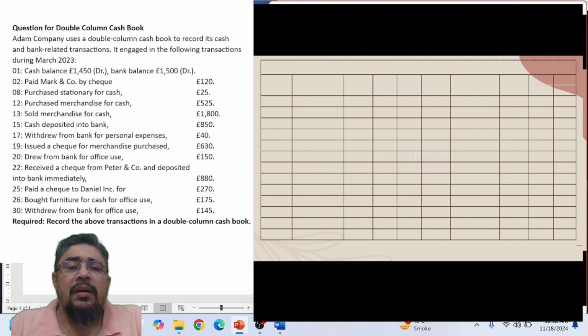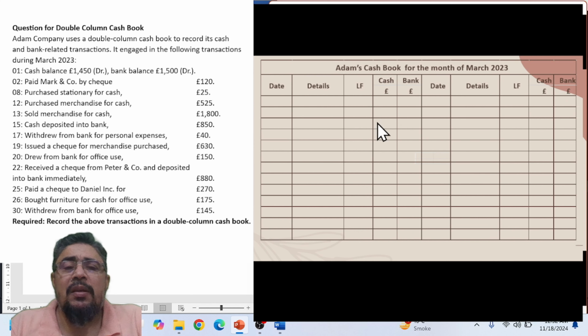What is the heading? Adam company's cash book. So you can see here the Adam's cash book for the month of March 2023, and in the sub columns, that is the date, details, LF, ledger folio, cash column, bank column.